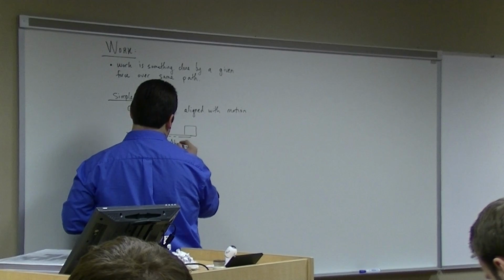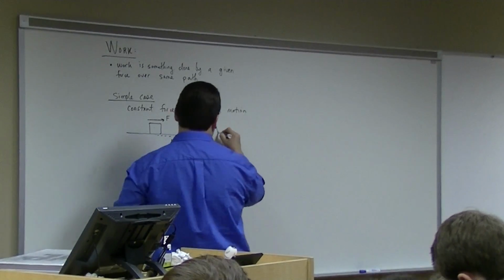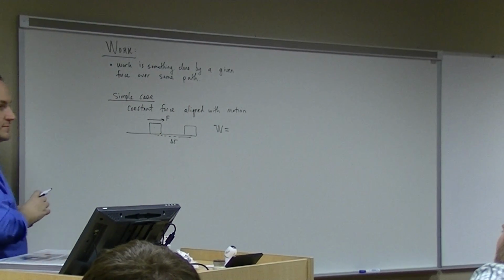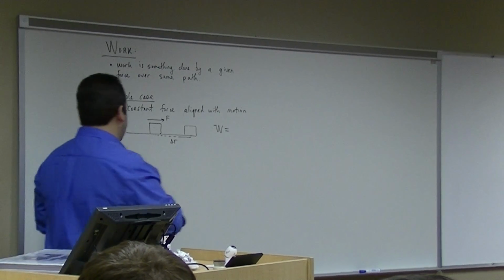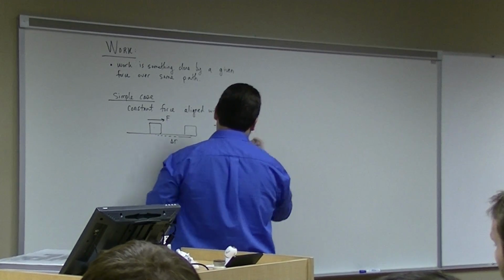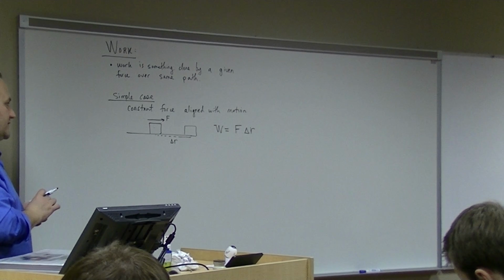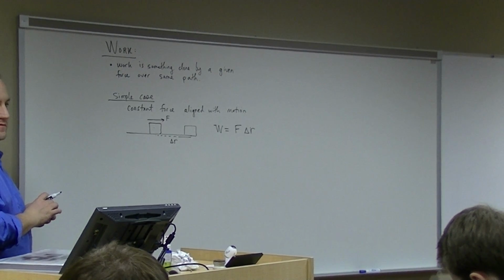So the box has moved a displacement delta R, and the work done is what? Some of you had high school physics. You should have this: force times distance. Now this, of course, assumes that the force is aligned with the motion, and it's also a constant force.